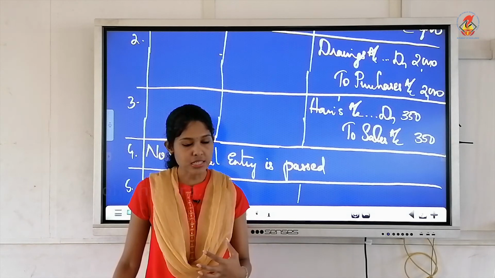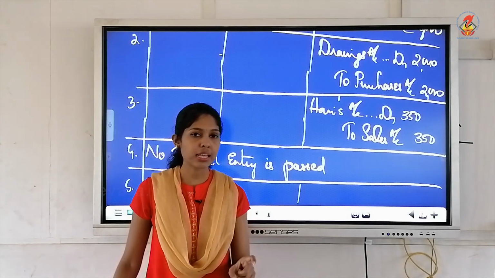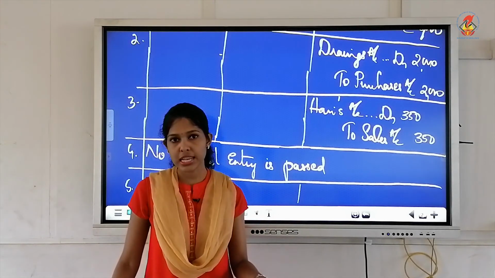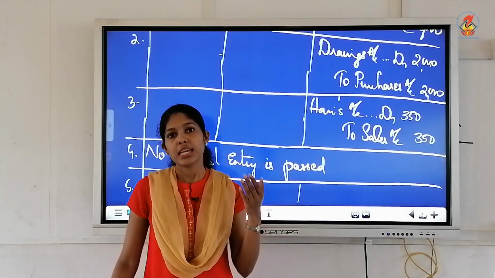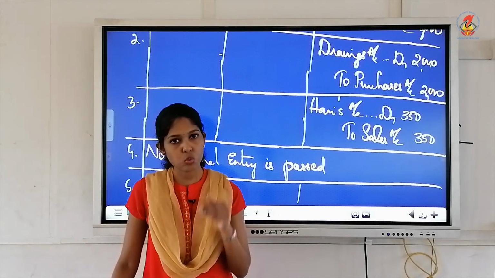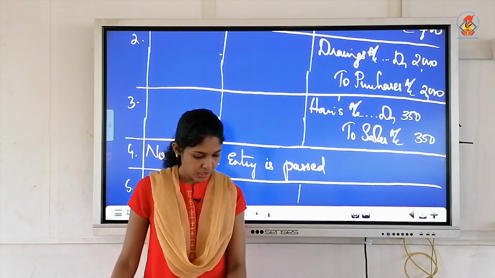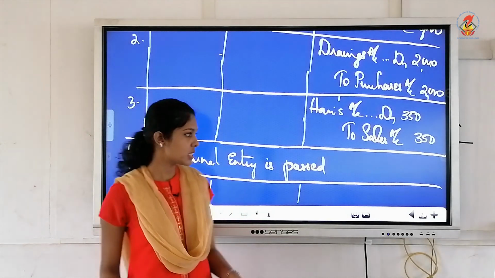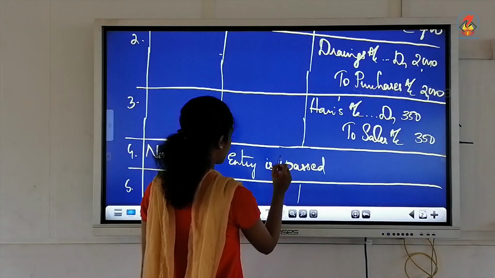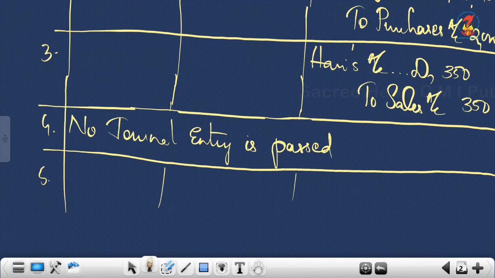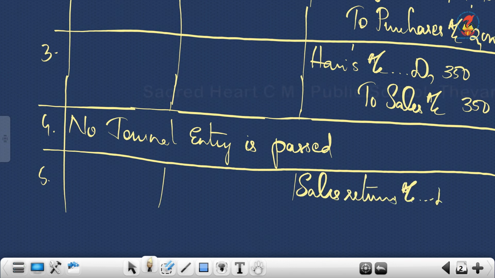It is sales returns account debtor, or as given in the solution, returned inwards account debtor, to who is returning, what is his name? Hari's account. So your correct entry and rectification entry are the same: sales returns, or you can use the term return inwards, account debtor to Hari's account.